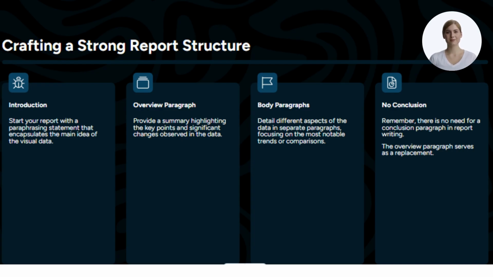This paragraph covers another significant aspect or a comparison between different data points. Example. Interestingly, just 5% of these graduates continued with higher education alongside temporary work, with 8% still pursuing their master's degree. Note, there is no conclusion paragraph in report writing. The overall paragraph replaces the conclusion.